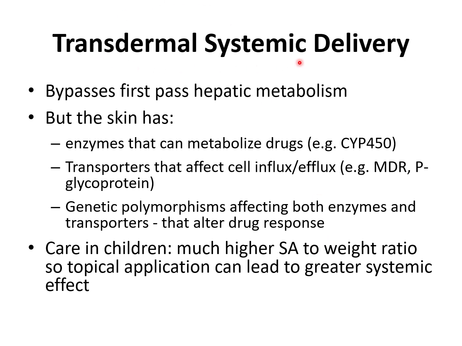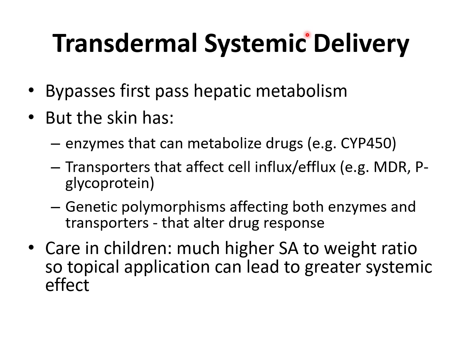Transdermal delivery to have systemic effects. Remember that this bypasses the liver, so no first pass hepatic metabolism. However, it doesn't mean that everything you put on the skin gets absorbed. First of all, there are things that cannot be absorbed.